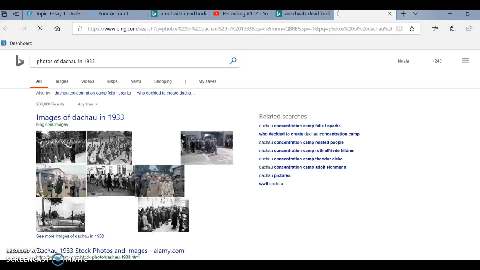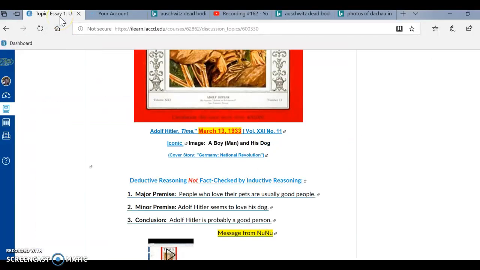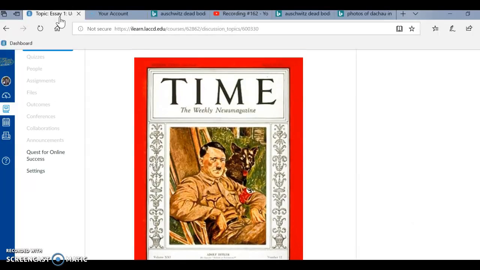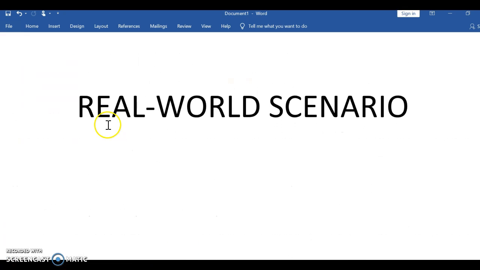Well, we had Dachau, the first concentration camp. So this is very, very distressing. So I'm using Adolf Hitler again as a vehicle to understand critical thinking. I want you to understand a real-world scenario of what happens when we fail to think critically.